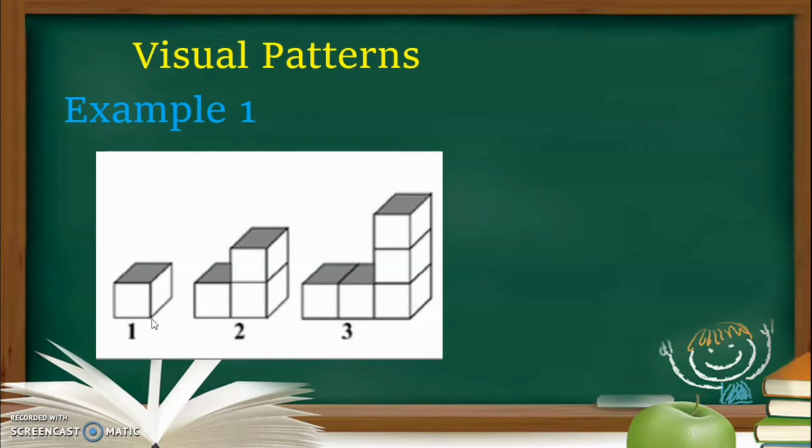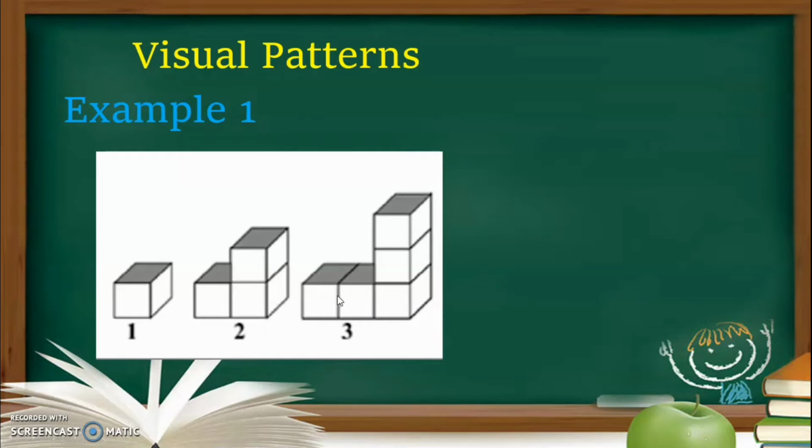Dito, makikita natin, ito yung 1, ito yung number 2, number 3. Sa first figure, merong isang box, tatlong box, and 5 boxes. Ito yung consecutive odd numbers, 1, 3, and 5.